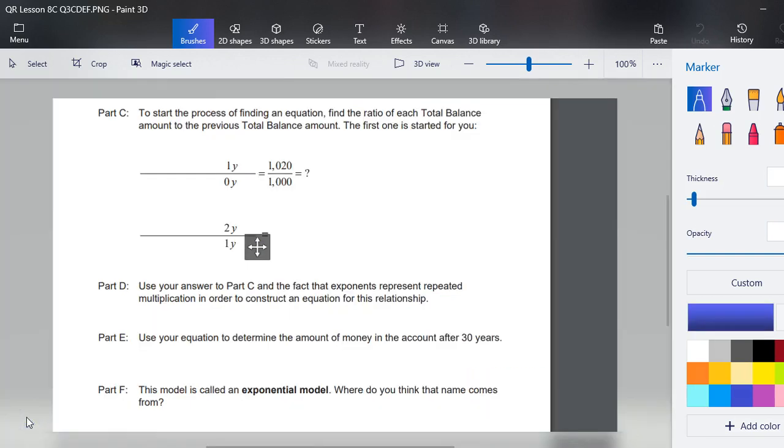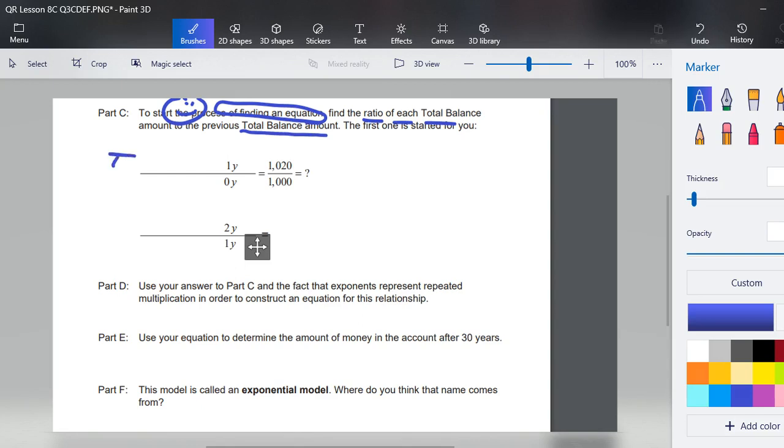If you haven't already tried parts C, D, E, and F, go ahead and try those now, and then come back and we'll work together on part C. To start the process of finding an equation, yes, we want to find an equation, find the ratio of each total balance amount to the previous total balance amount, and the first one started for you.